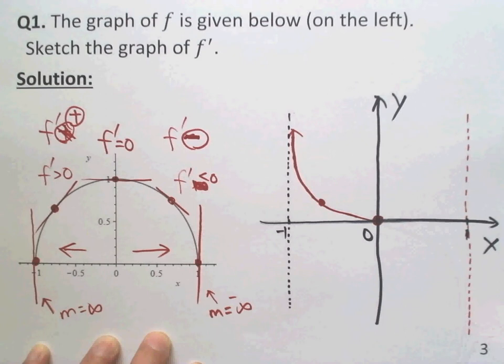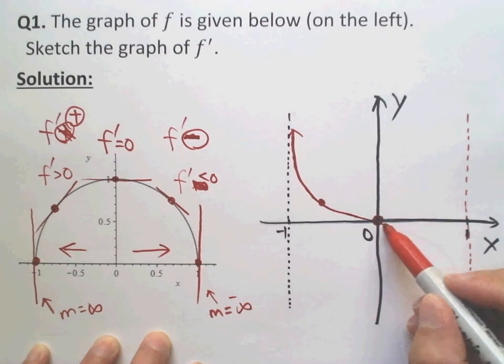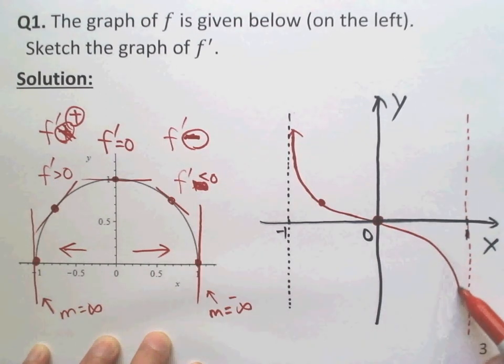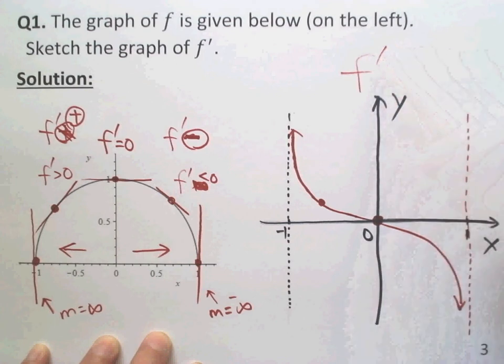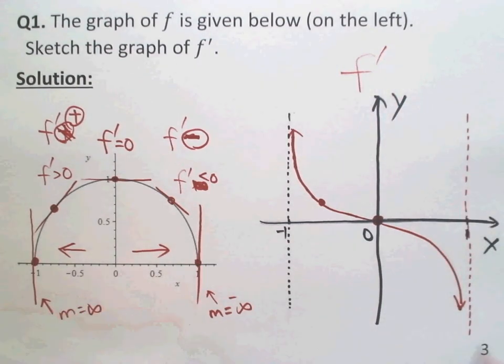So if I draw like this, now you know the function goes down to negative infinity. So this function is the derivative function.